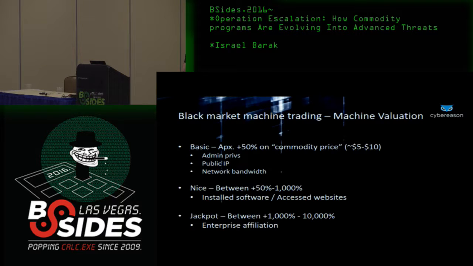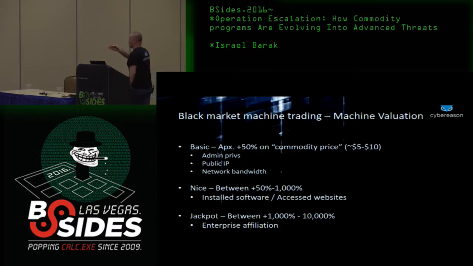The jackpot, just like we've seen with our friend there, Mr. Obama, is enterprise affiliation. That would have a massive impact on the sales price. And that is why you would see crime organizations like the one that operate adware or click fraud tools devote a specific part of their operation just to go over the machines that they have under their control, figure out what every one of them is worth, especially the enterprise-associated ones, and putting them out for sale.